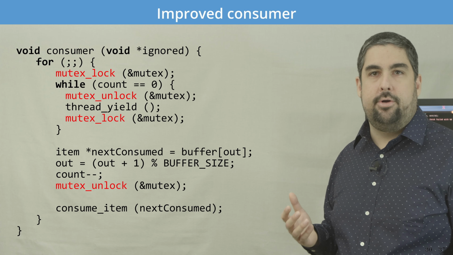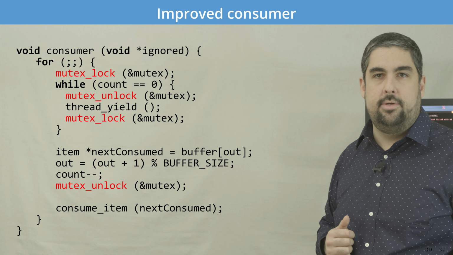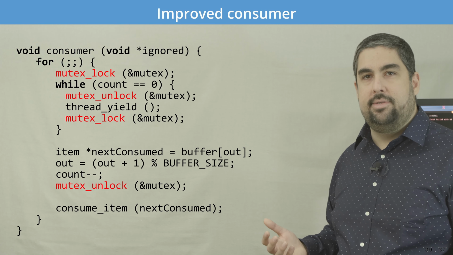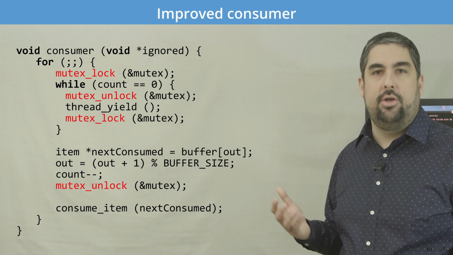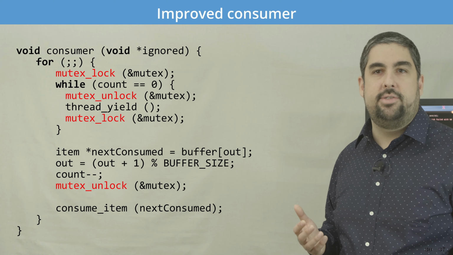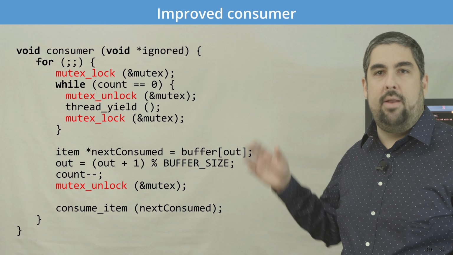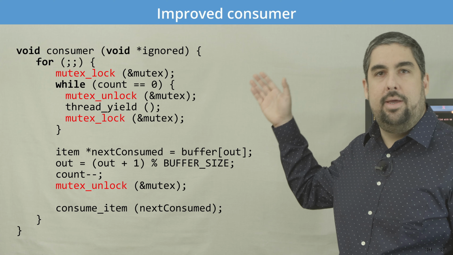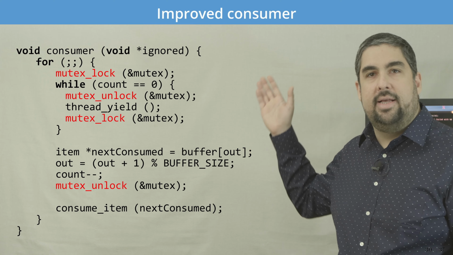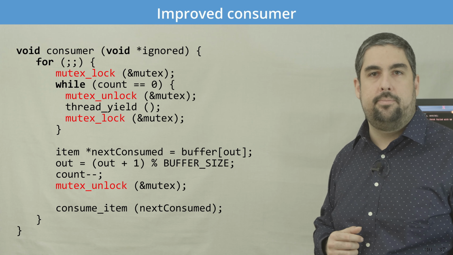Remember last lecture, I had the example of diving into how the Go language works and how it deals with threads, and I mentioned the Go channel primitive. The Go channel primitive is basically just a queue that allows us to produce and consume items. And when you're reading and writing from the queue, it effectively looks like a single execution of the producer and consumer code you see here.